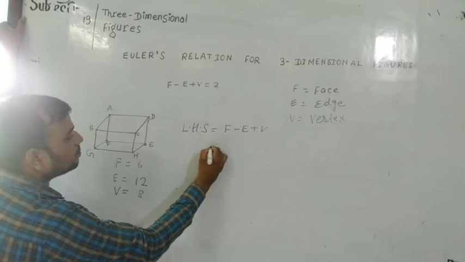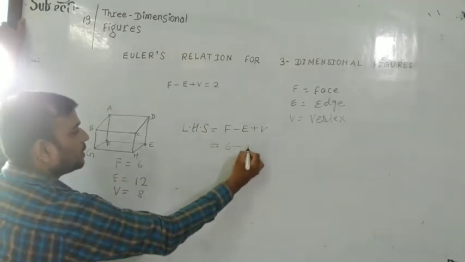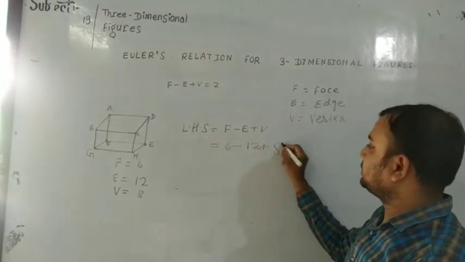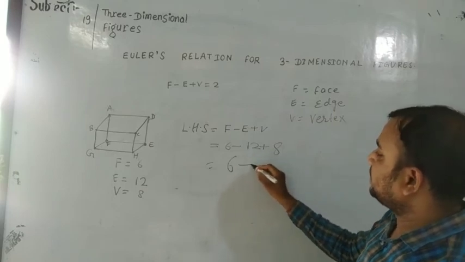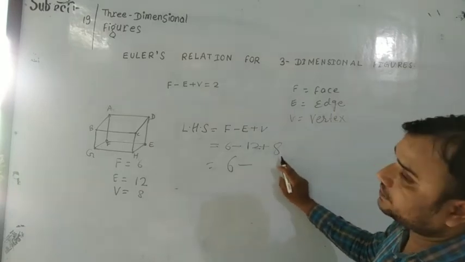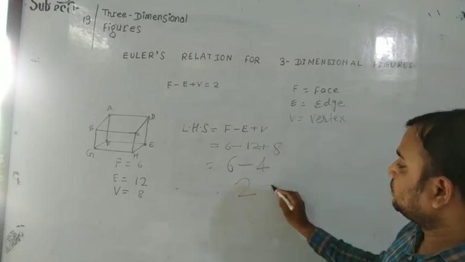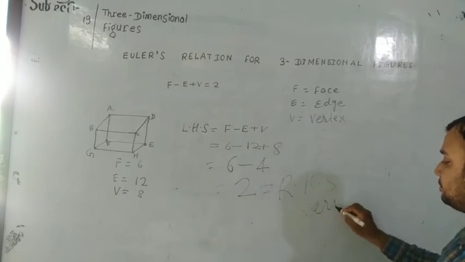Put the values F equal to 6, E equal to 12 and V equal to 8. Then 6 minus 12 plus 8 is 2, equal to RHS. Verified.